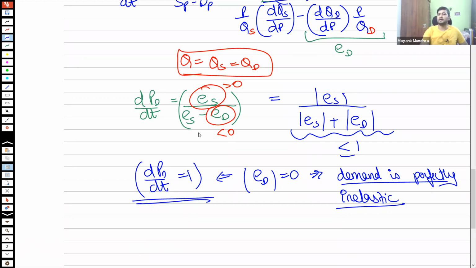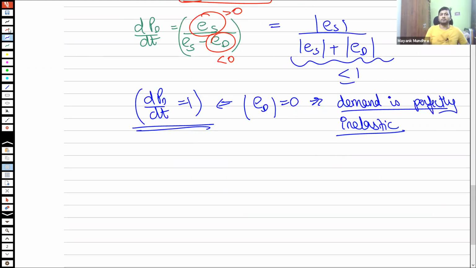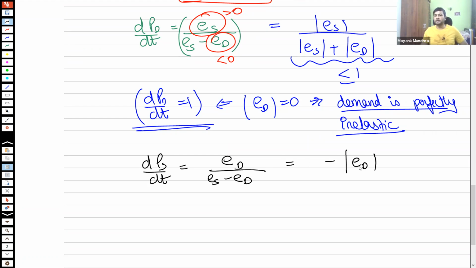On the other hand, dPs by dt will be equal to Ed upon Es minus Ed, which in magnitude terms would be negative of mod Ed upon mod Es plus mod Ed.